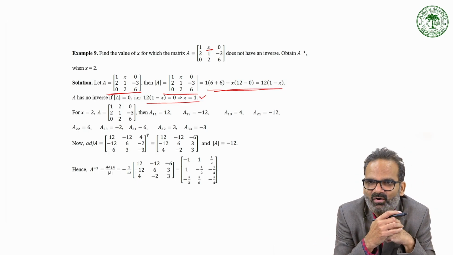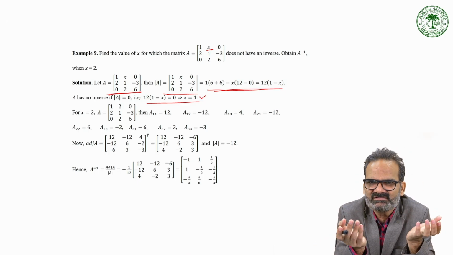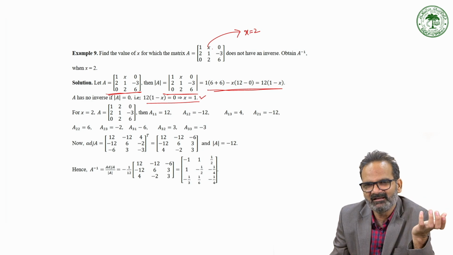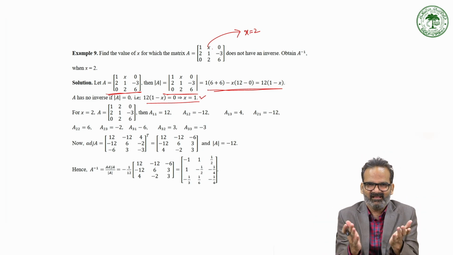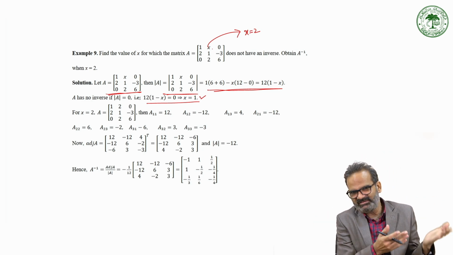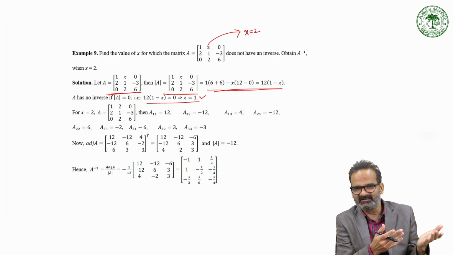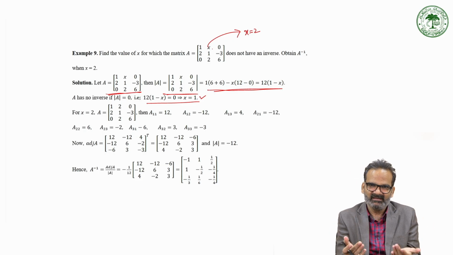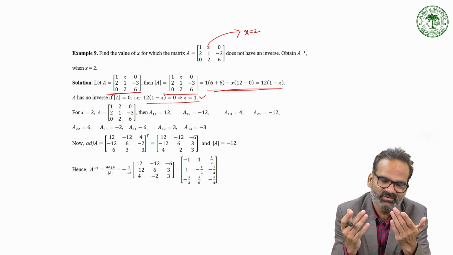What about case 2? Obtain A inverse when x is equal to 2. It's very simple. What you have to do is, in place of x, simply put x equal to 2 in the given matrix, and you can proceed as usual, as we have calculated many times earlier, the inverses of various matrices. Calculate its determinant, which must be not equal to 0.